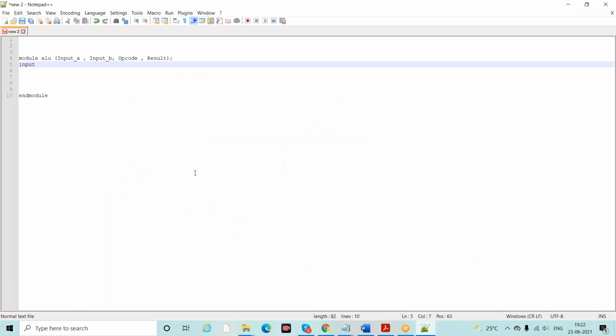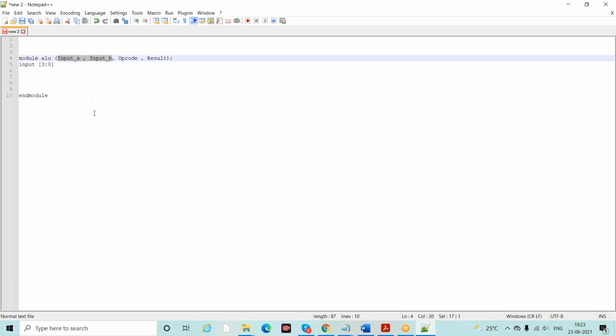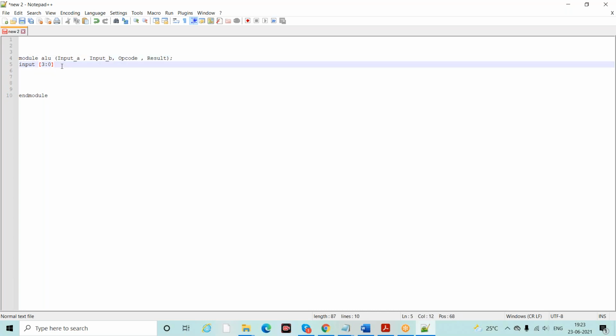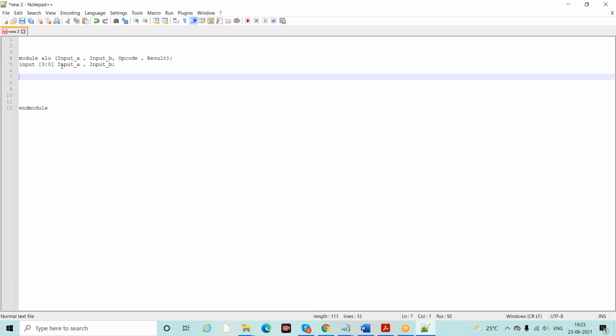That means I am going to declare 3 down to 0. These two things are the same bit, right? So I copied. In case opcode also the same, you can do the same procedure.